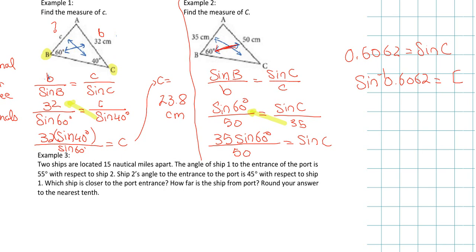So, and then what did we get? So what's the angle here? What do you guys get? 37. Is it 37 point something? Yeah. Okay. Perfect.